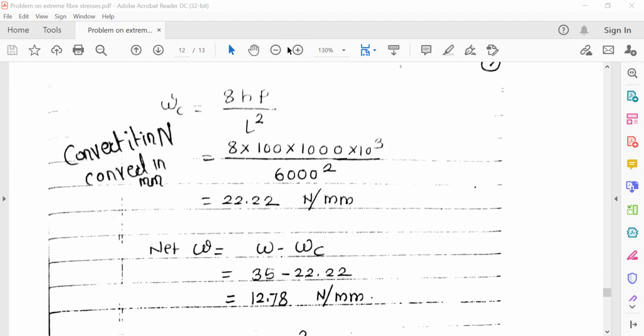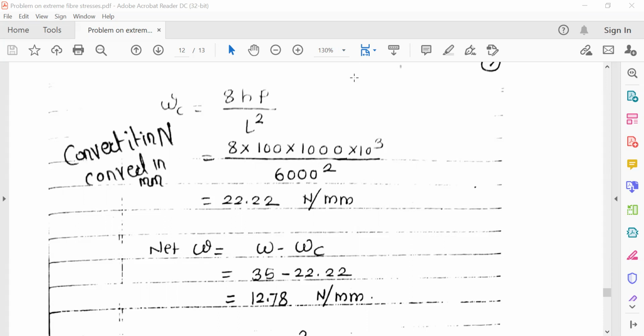Yes, net W, everyone had got 12.78 Newton per mm. हो गया तनवीर यहाँ तक की? Should I proceed further? 35 in kilonewton per meter to be converted.